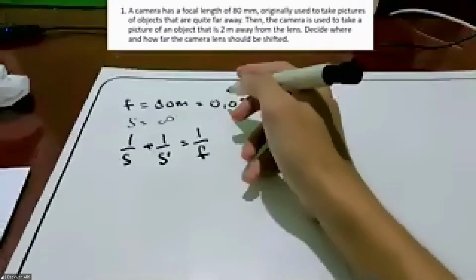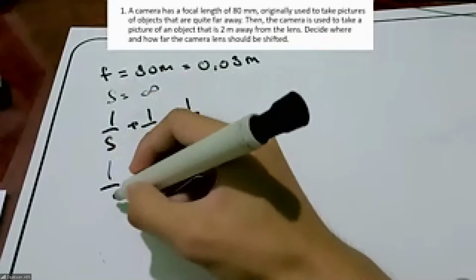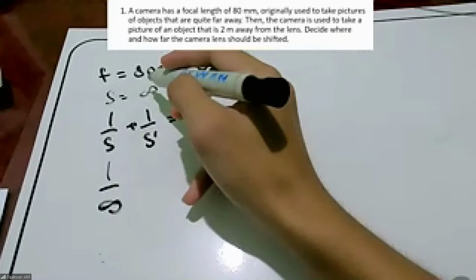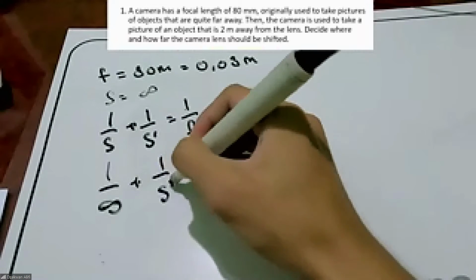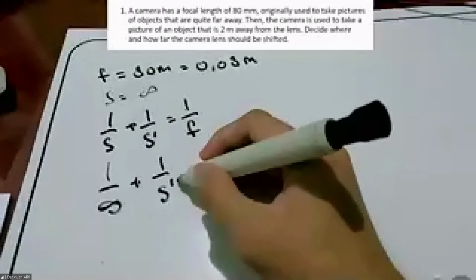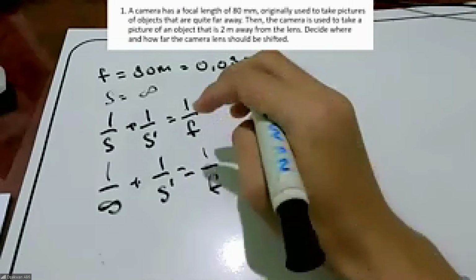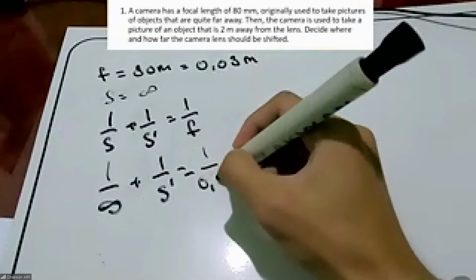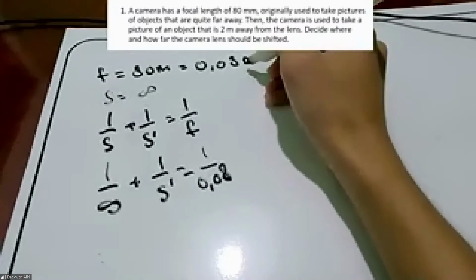We can just write 1 per infinity, because s is infinity, plus 1 per s accent. This is what we're going to find, equals 1 per f. The f is 0.08, as we known before.